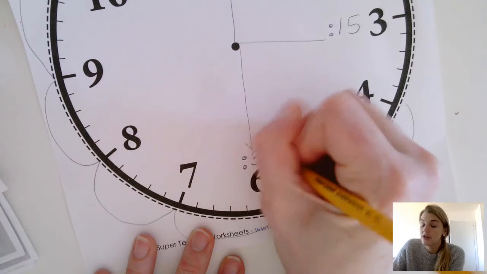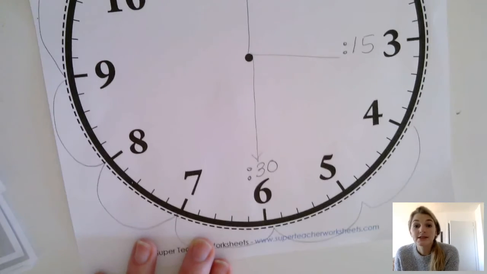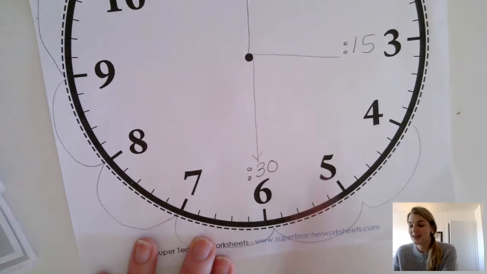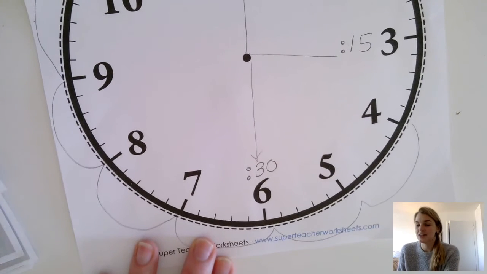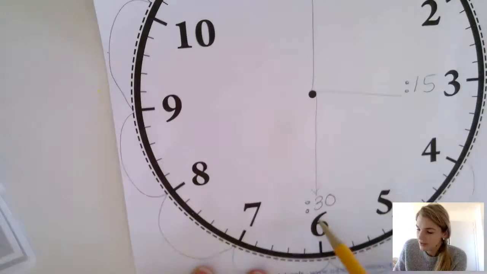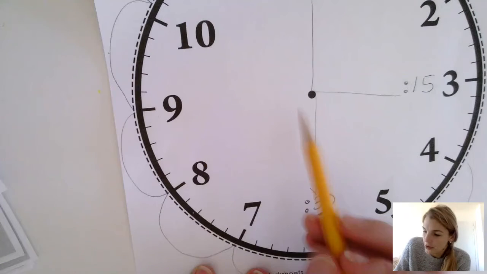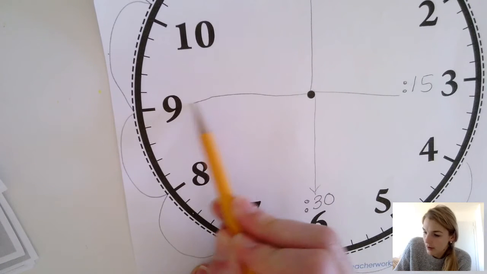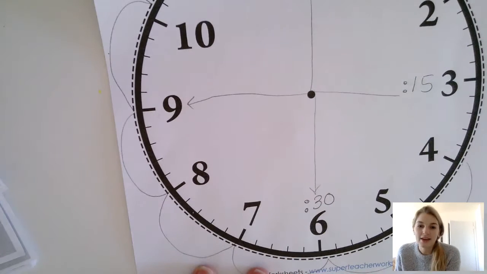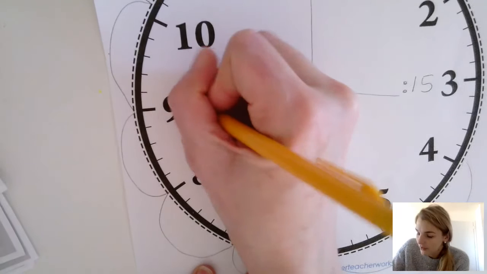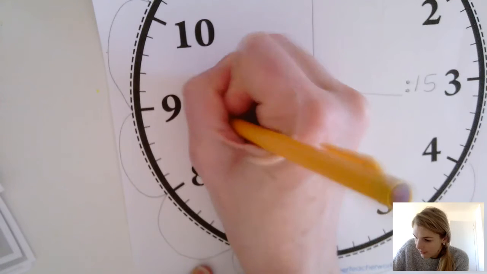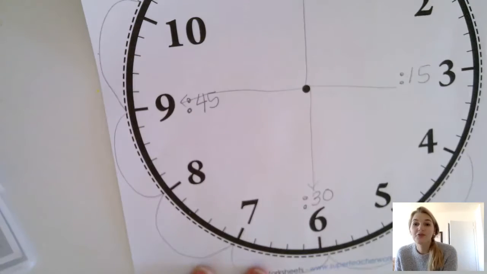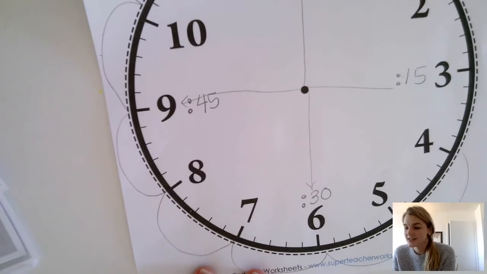This 6 would be 30 minutes. 6 times 5 is 30. So that shows us here that this is 30 minutes. Let's look at the next quarter hour. This one right here is 45, which means that 45 minutes have passed.